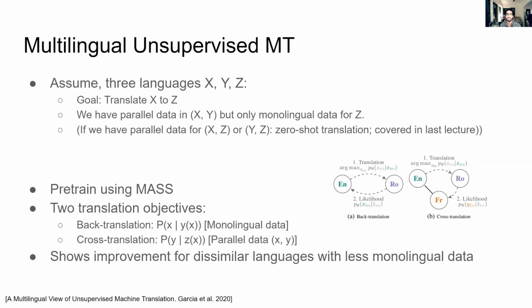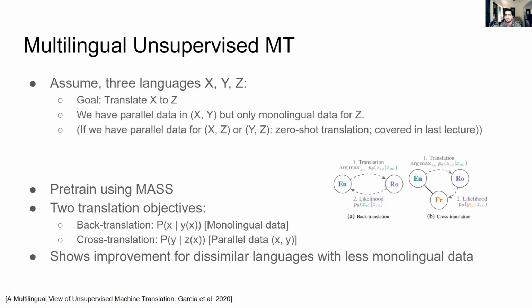But what this recent paper proposes is not just making use of monolingual data in the related high resource language, but also making use of some parallel data between the source and that high resource language. That's what they call unsupervised multilingual machine translation.